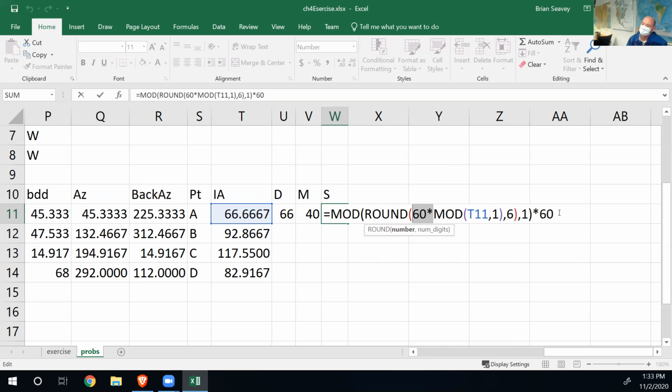So from round all the way up to the 6, that's minutes. All of this is decimal minutes, so I take the modulus of it to get the remainder, and I multiply that by 60 to get seconds.